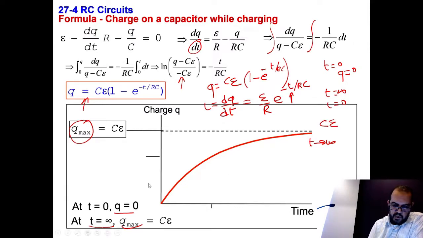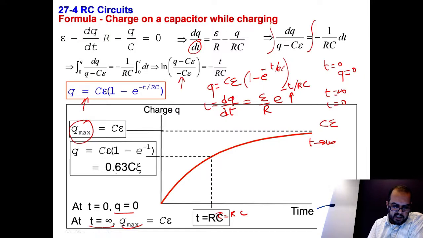Okay, and one thing is, when we have an exponential increase or exponential decay, at time t equal to tau equal to RC, if we replace t by RC, you will have exponential minus 1, which is 1 over e. 1 minus 1 over e will give you 0.63.